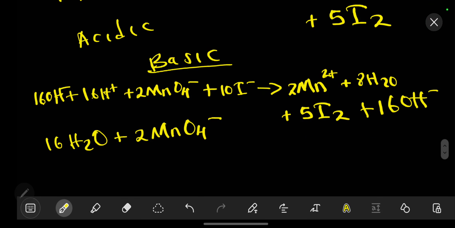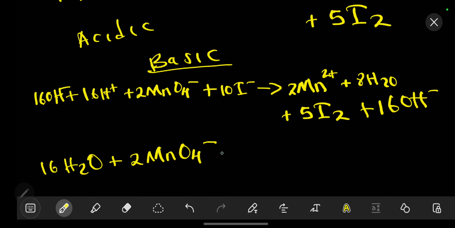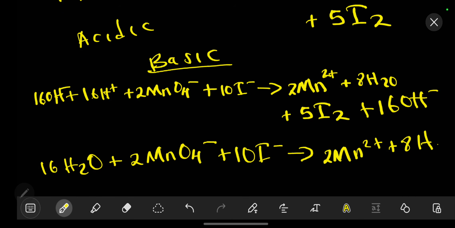Then we are going to have, let me move it a bit down, plus our 10 iodide ions to become our 2Mn 2 positive, plus 8 H2O. Then we have plus our 5 iodine.